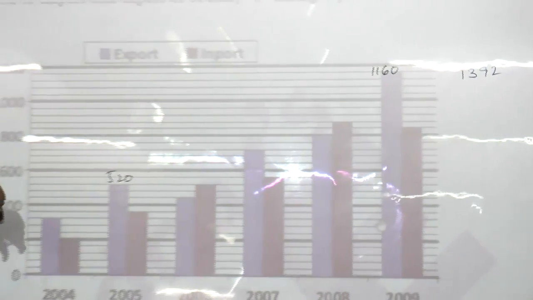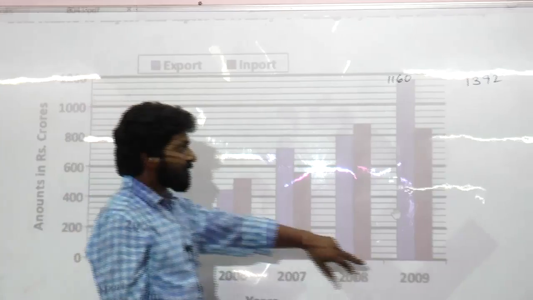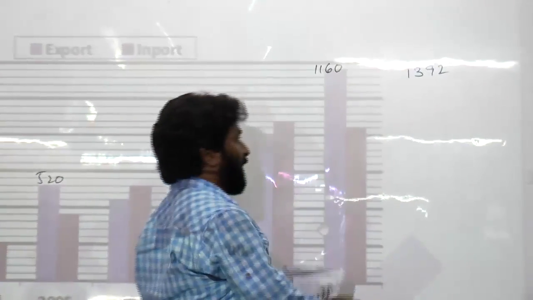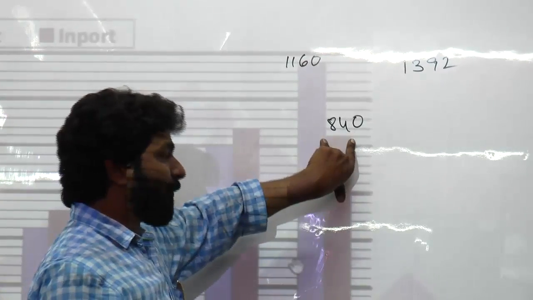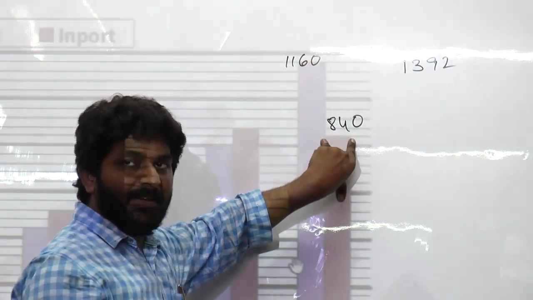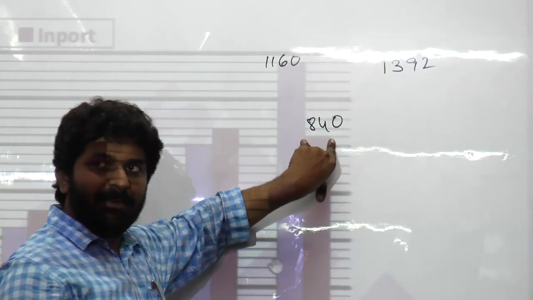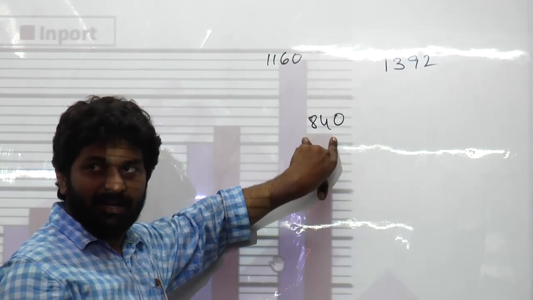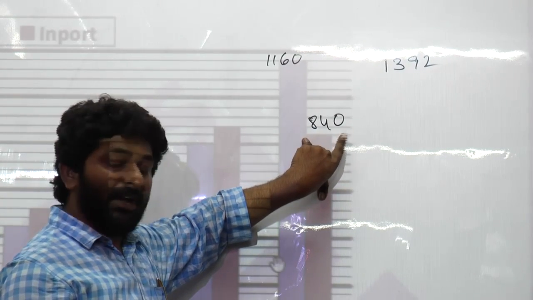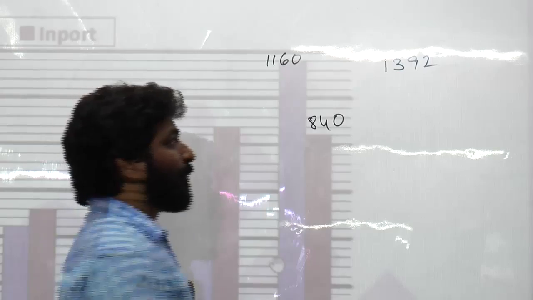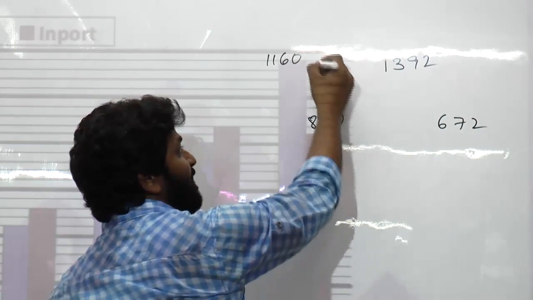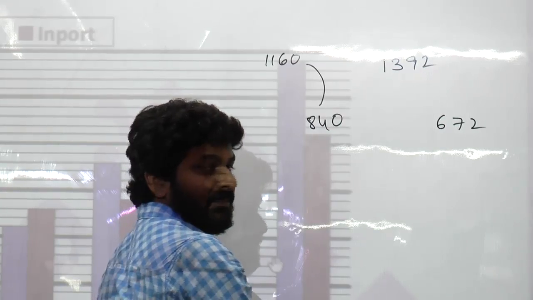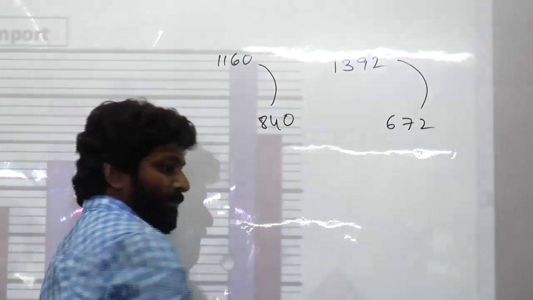Now import decreases by 20%. Import in 2009, this is 840. 840 decreases by 20%. 10% is 84. 20% is 168. Instead of 168, subtract 200, add 32. Subtract 200, 640, add 32, 672. Net export in the sense is the difference of these two numbers. And here also the difference of these two numbers.